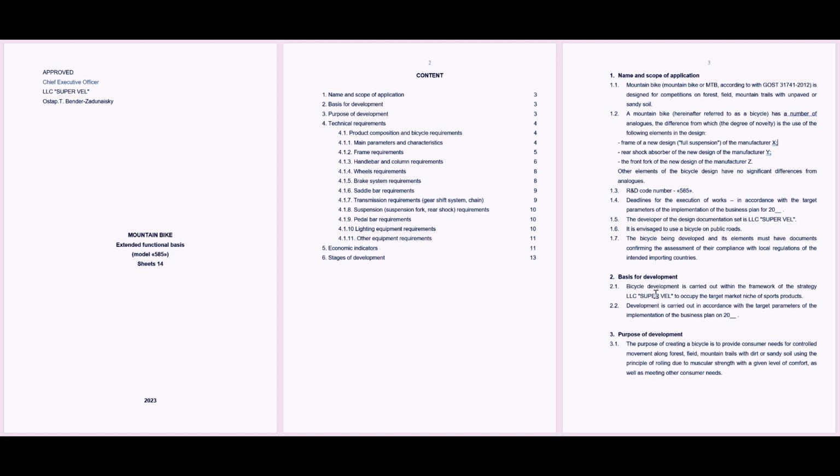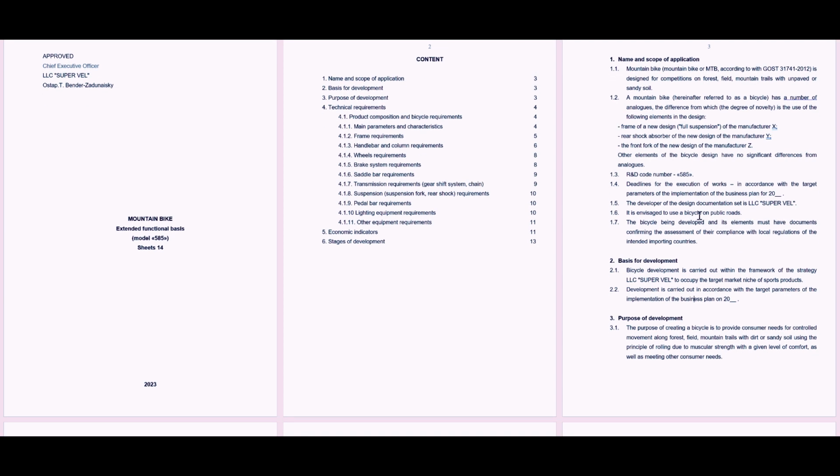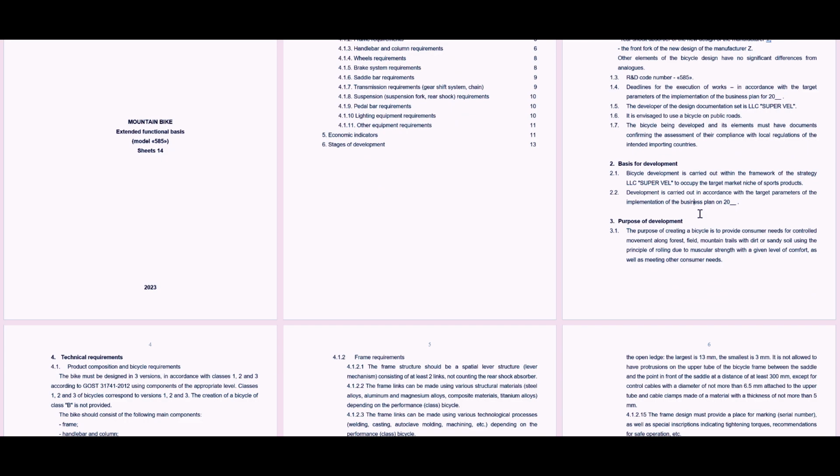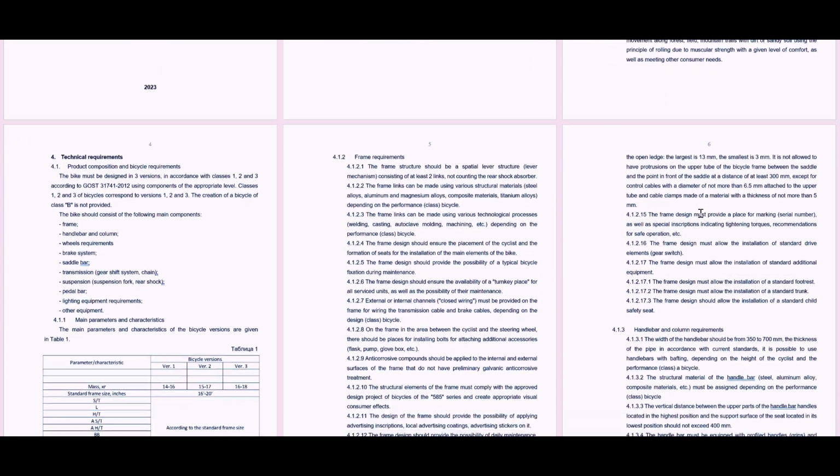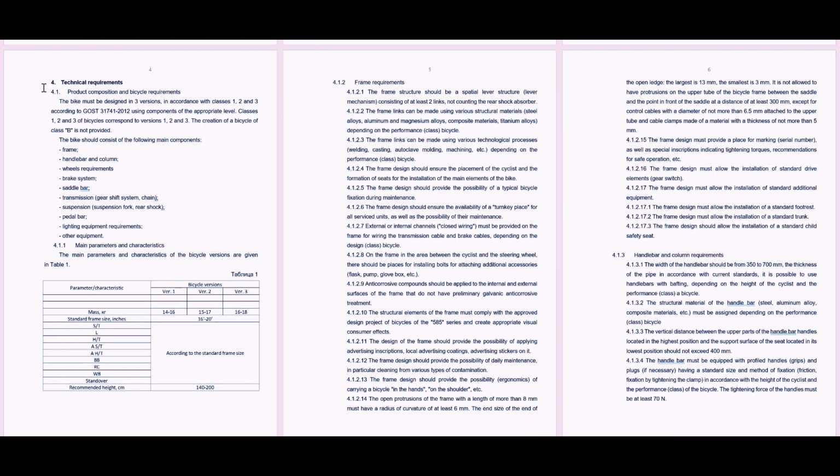Section 4.1, product composition and requirements for a bicycle, reflects the aggregate and system composition of a bicycle, and, in the case of using the terminology of value analysis, an abstract structural model of a top-level bicycle is given, on the basis of which the following subsections of section 4.1 are titled.